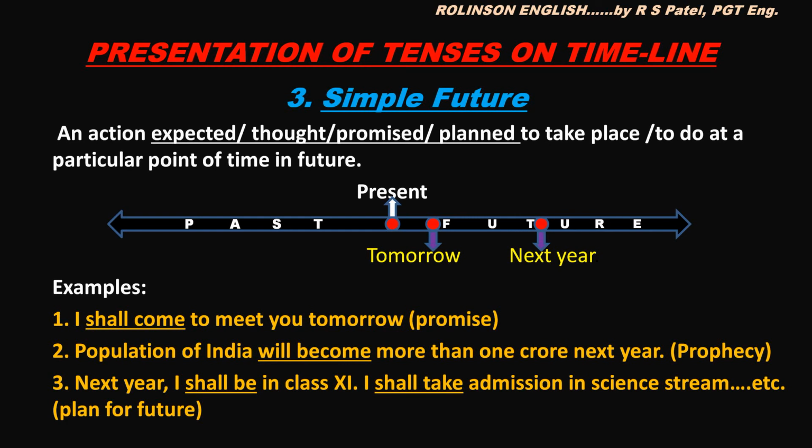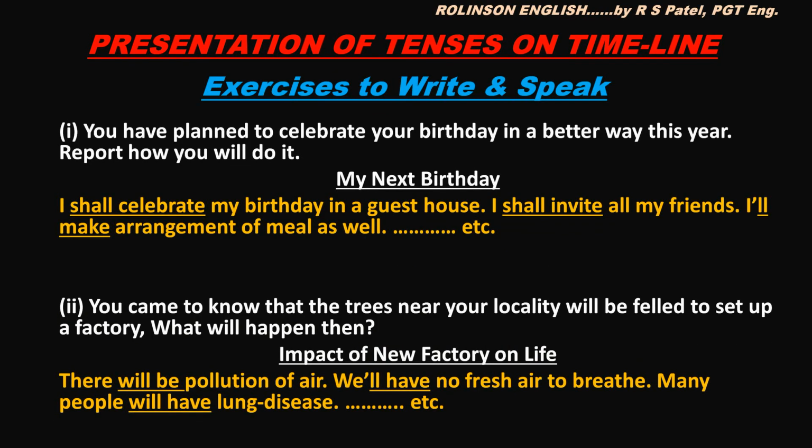Alright. Now here are some exercises. Number 1. You have planned to celebrate your birthday in a better way this year. Report how you will do it. Good. My next birthday. I shall celebrate my birthday in a guest house. I shall invite all my friends. I'll make arrangement of meal as well.